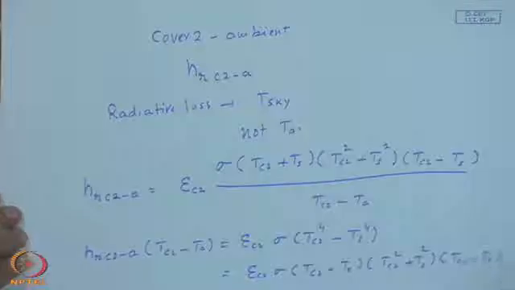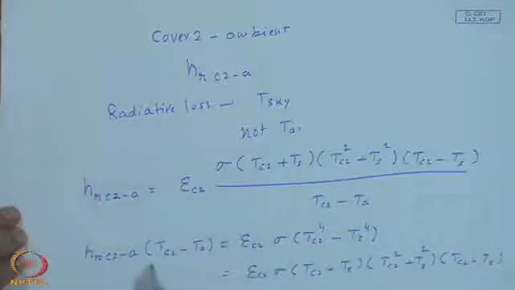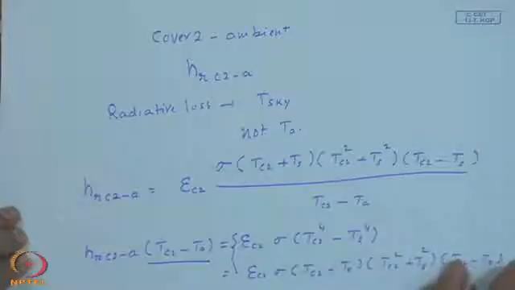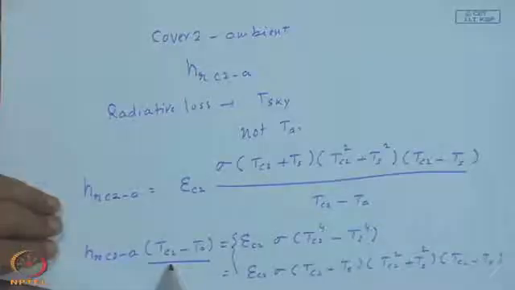So, this is artificially written as if HRC2A is multiplied by TC2 minus TA, it will give me the actual radiative loss from TC2 to T sky. So that in my overall heat loss coefficient, this is based with reference to a temperature above the ambient temperature T a.